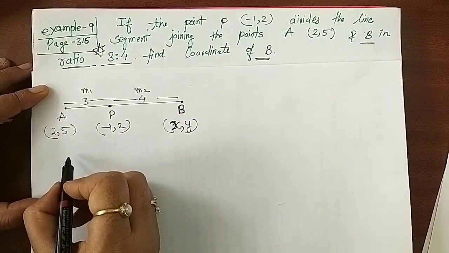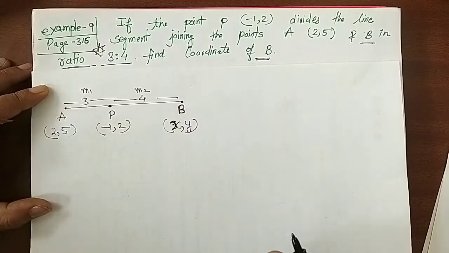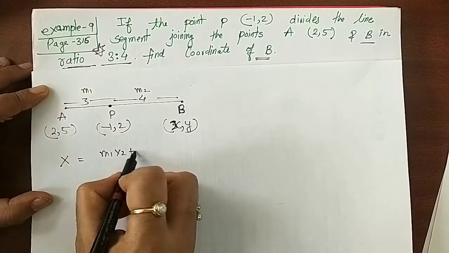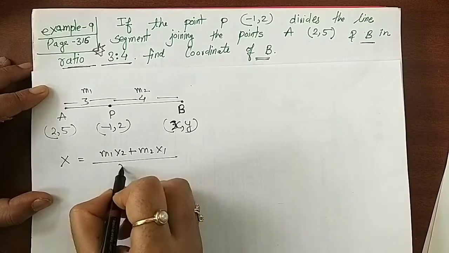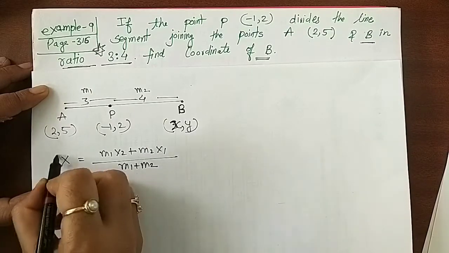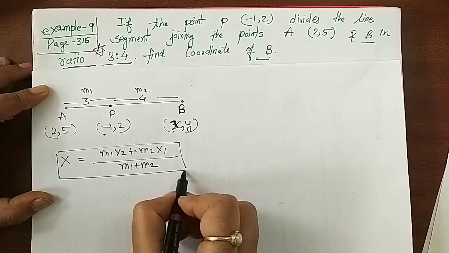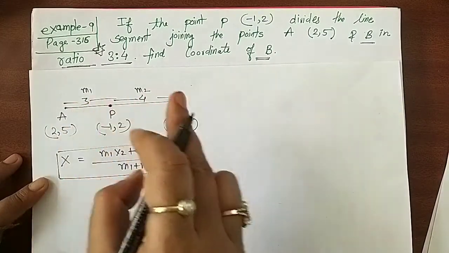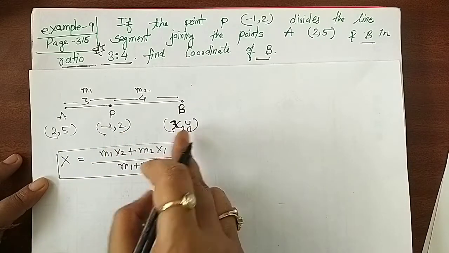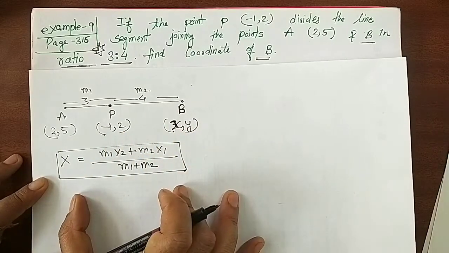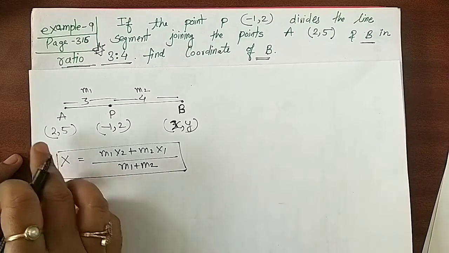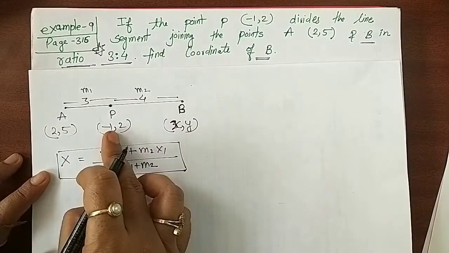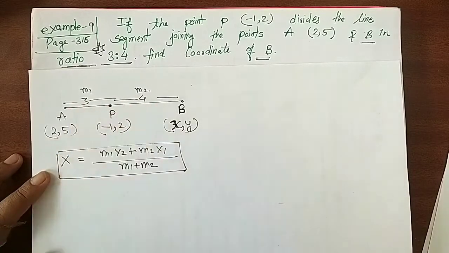Now if the ratio is given, the tool we have is the section formula, (m1 x2 plus m2 x1) by (m1 plus m2). The only problem here, guys, is that m1, m2 and P are given, but B is not given. Before proceeding, check whether you have copied correctly: 2,5 correct, x comma y correct, -1 comma 2 correct, and the ratio 3:4 correct.